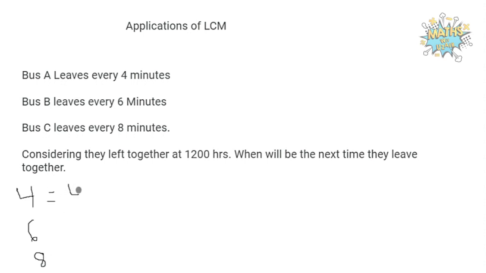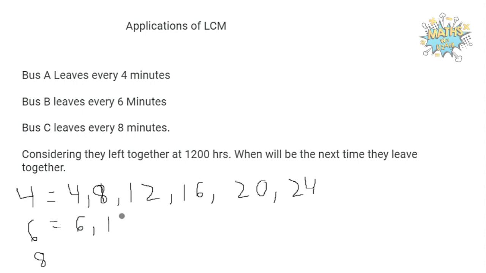So 4 times 1 is 4, 4 times 2 is 8, 4 times 3 is 12, 4 times 4 is 16, 4 times 5 is 20, 4 times 6 is 24. 6 times 1 is 6, 6 times 2 is 12, 6 times 3 is 18, and 6 times 4 is 24.